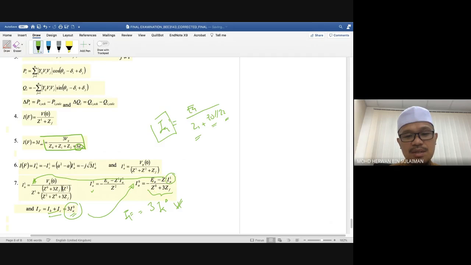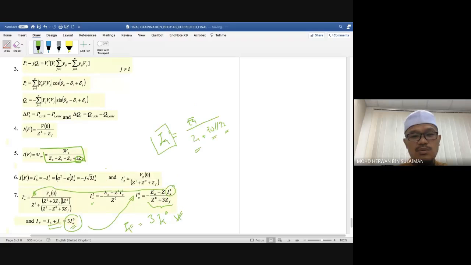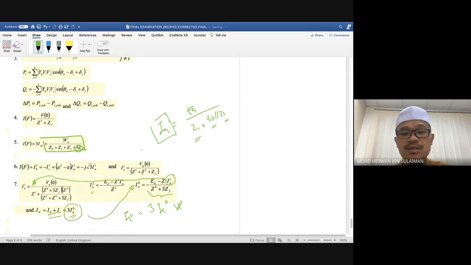Kat sini EA minus Z1 IA1 divided by Z0 lah. So the bottom line is apa type of fault pun yang perlu sekali you cari, pertama sekali ialah you kena cari equivalent impedance of zero sequence, positive sequence dengan negative sequence. You dapat 3 ni, you boleh kira semua fault.